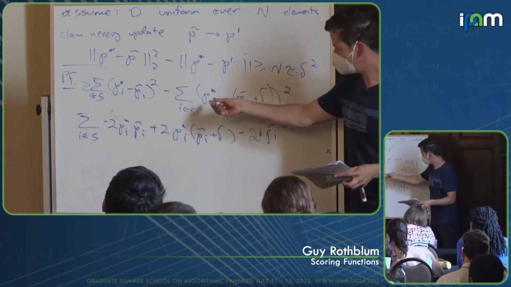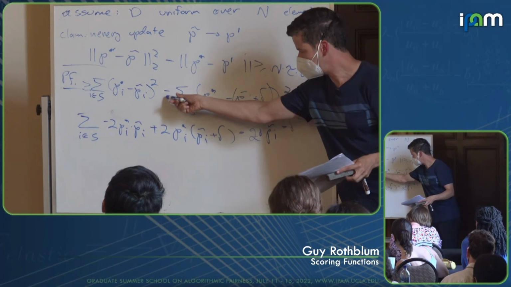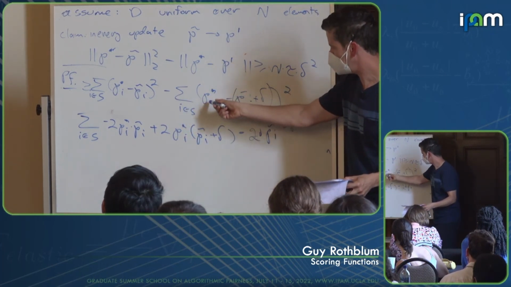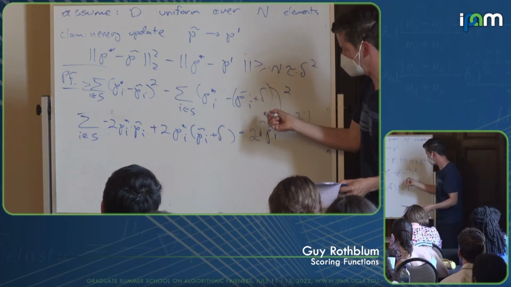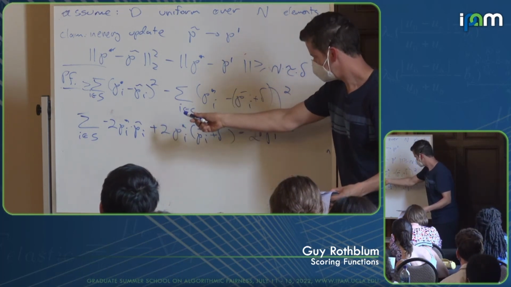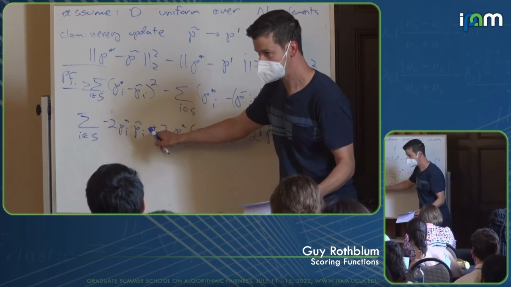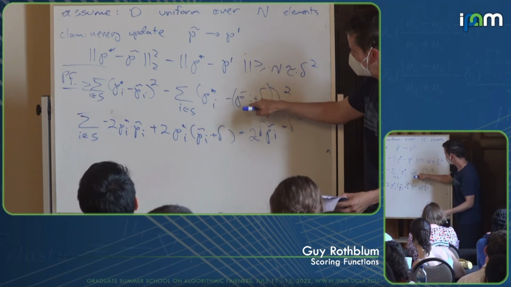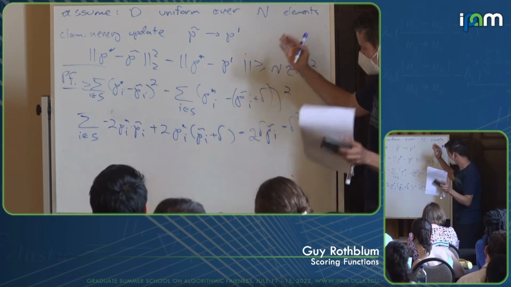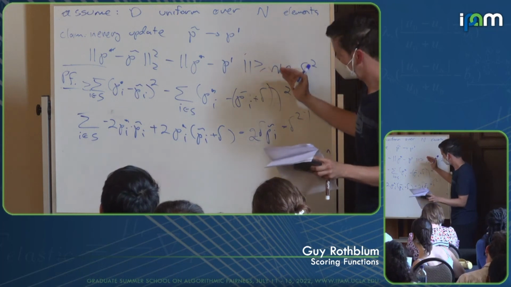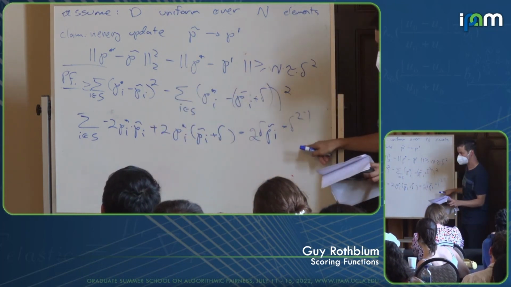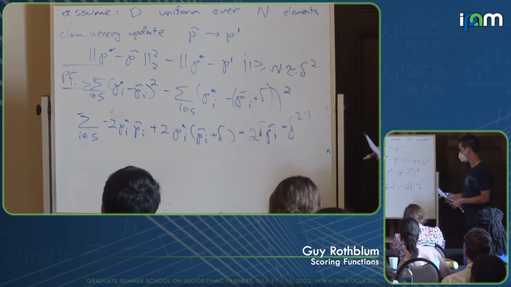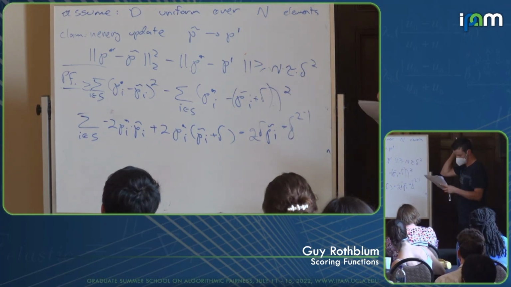Right, I would have here p star I squared, there's a minus sign in front of everything. So p star I squared minus 2 p star I times p tilde I plus delta. But then we have the minus sign, so that's becoming a plus. And then we would have plus inside, before the minus sign, we would have plus p tilde I plus delta quantity squared. But we have the minus in front of it, so. Okay, so you can check calculations during the break.